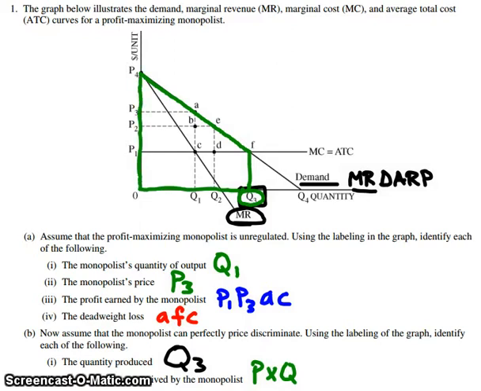So I've just outlined in green here what would represent the total revenue received by the monopolist.